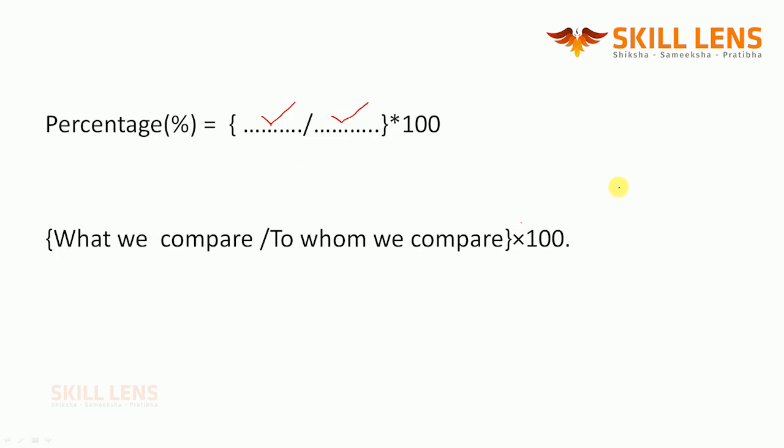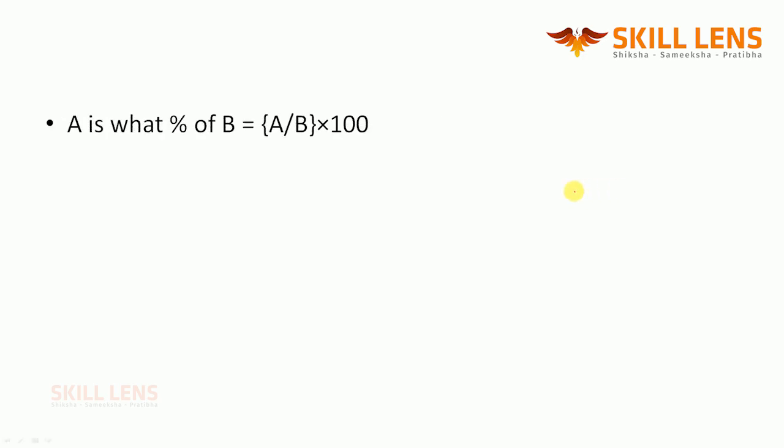So let's see some basic forms of how you are going to compare. A is what percent of B? It means A by B into 100. So my question is: why A by B into 100? Let's say 20 is what percent of 30.